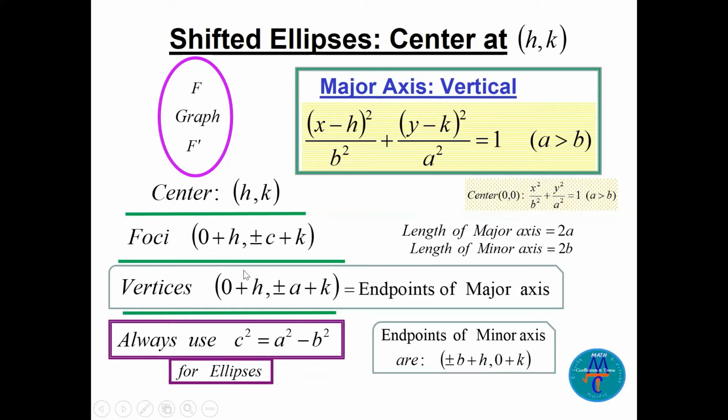And these are the information you need for center, foci, vertices. The same formulas as in the center (0, 0), but we add h for the x, we add k for the y. Always remember the length of the major axis is 2a, the length of the minor axis is 2b.